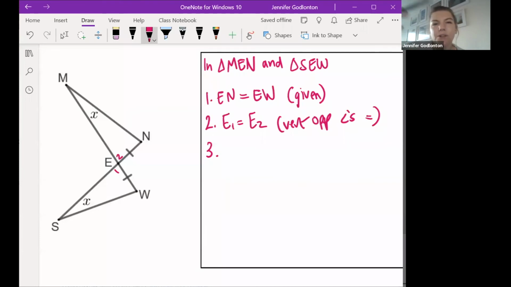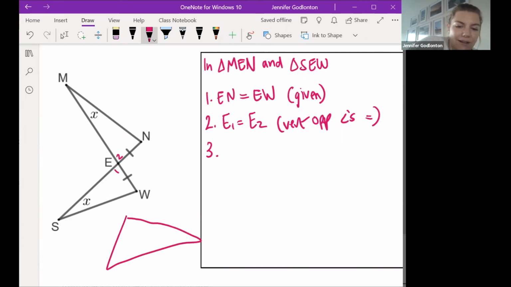What do those X's mean? Yeah. Think about it like this. If I had a triangle that looked like this, okay, and I had one angle that was an X and one angle that was a Y, would you say that those angles are the same, or would you say that they're different? They're different. Okay.